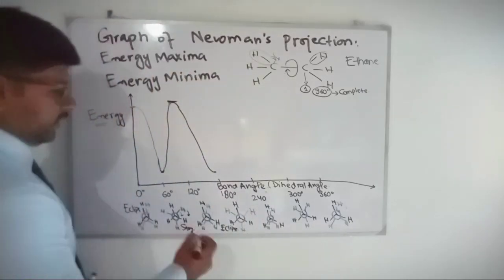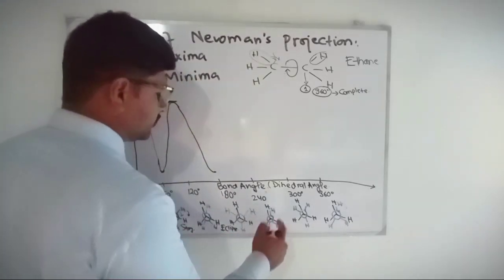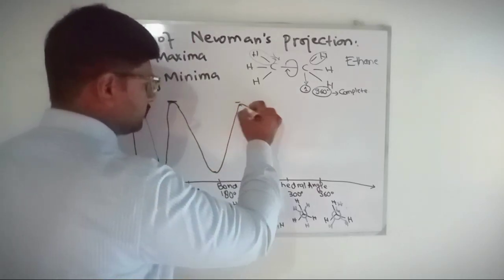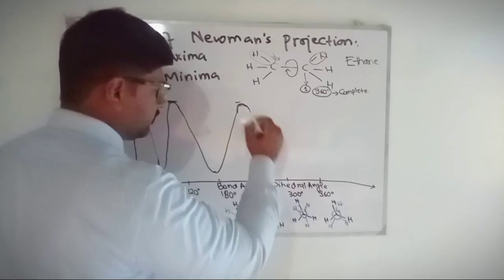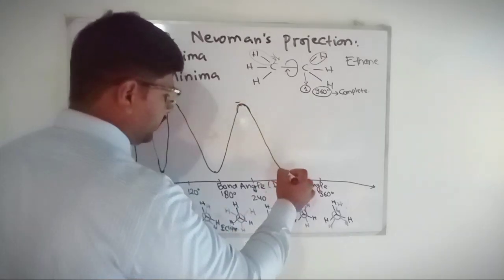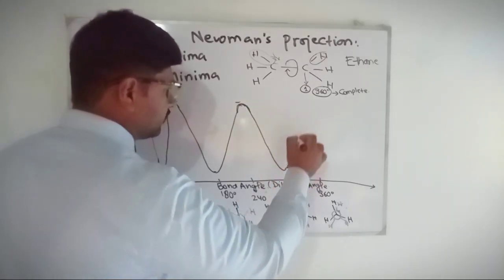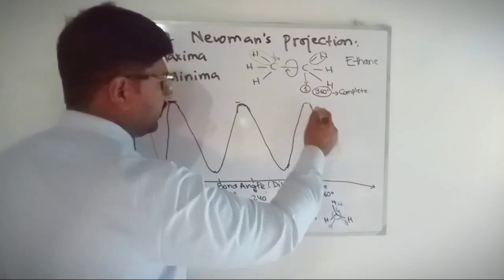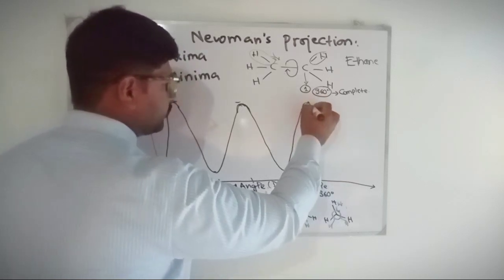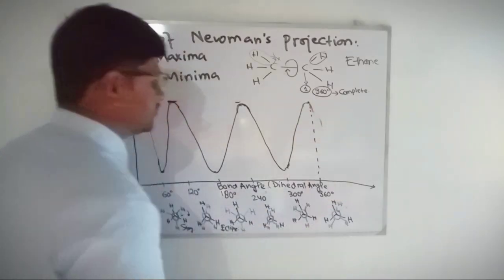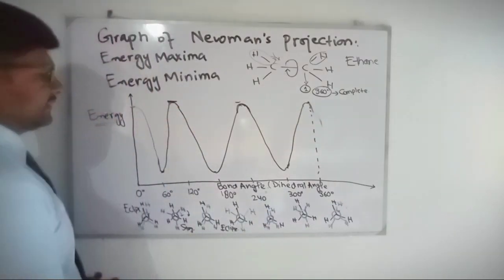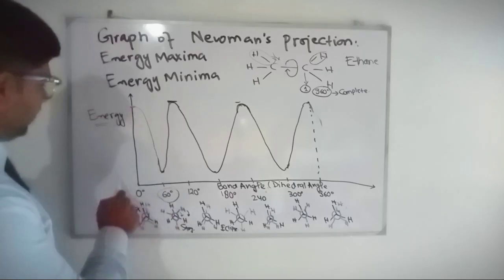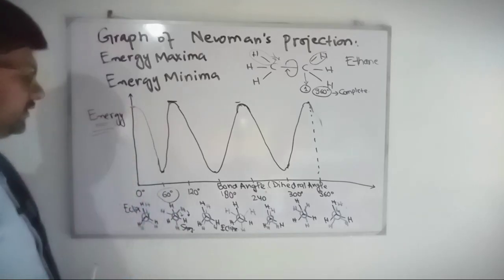Now, every eclipsed conformation will be considered a higher energy state. So just drawing a curve, we can mention their energy states like this. And the graph will end up here at this point of 360. So this is our relationship of bond angles, dihedral angles with relative energies.